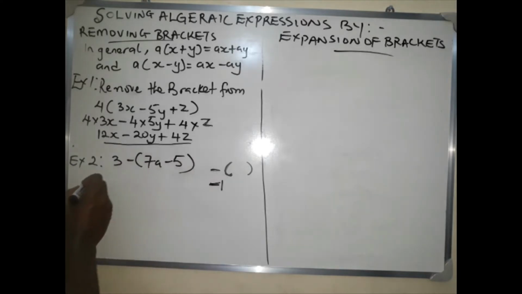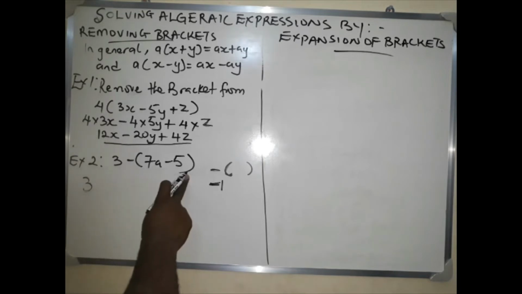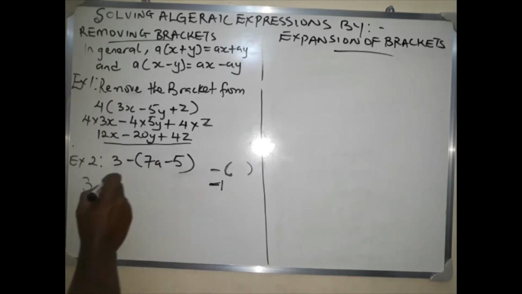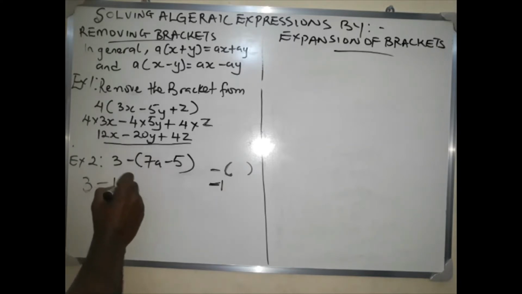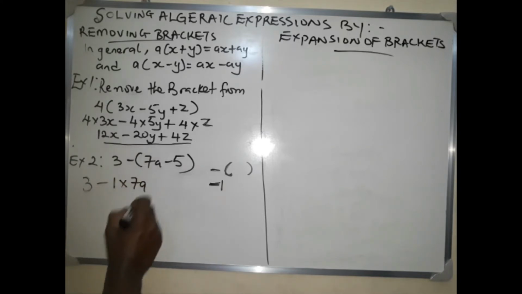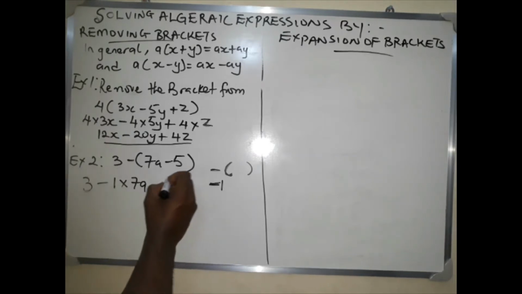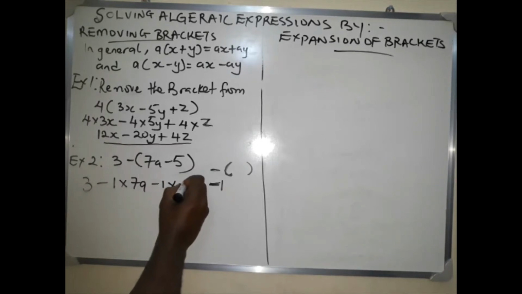So now what we do is we write 3, and then we multiply everything in this bracket by minus 1. So now say minus 1 times 7a, and then also minus 1 times minus 5.